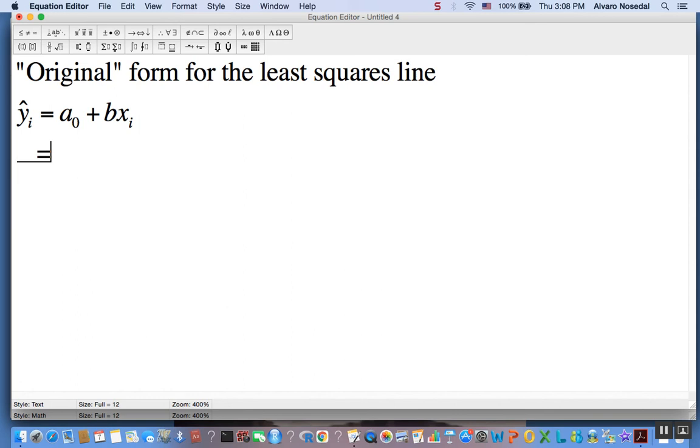So from your work, we know that the estimator for A0 for the original is going to be y bar minus b times x bar, right? That's the estimator for the y-intercept for the original, plus b times xi. Let me just leave that guy like that.